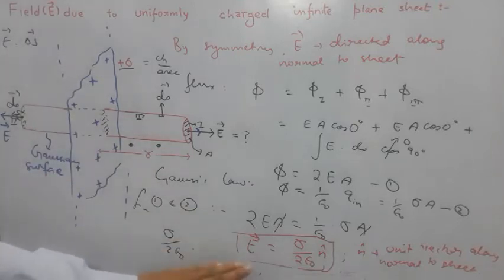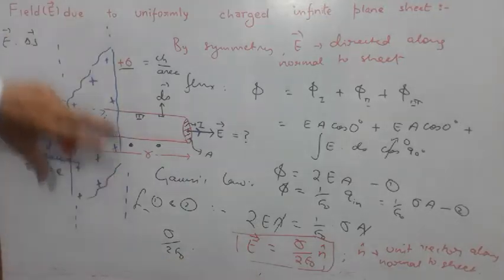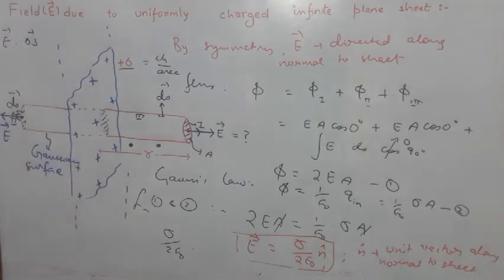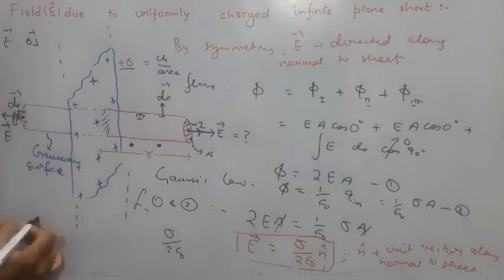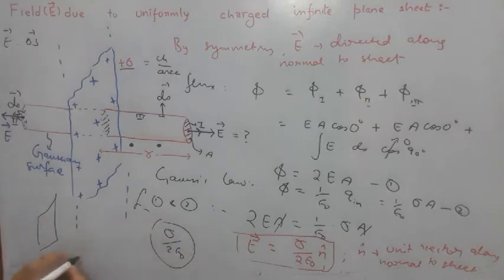This relation is true only if this plane sheet of charge extends to infinity, which practically doesn't happen very often. But for practical purposes, even if you have a finite sheet of charge, near its center, for points very close to it, this formula will still be true.